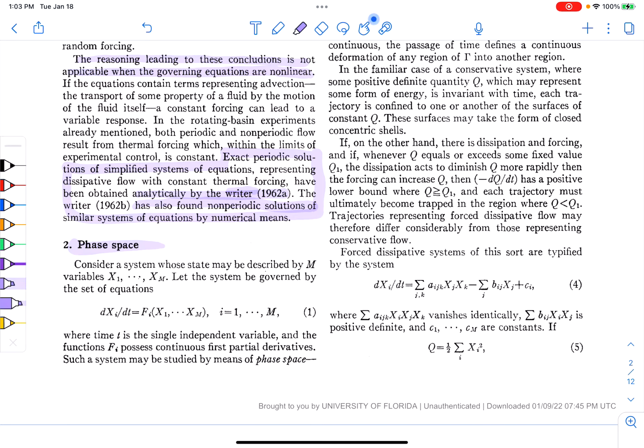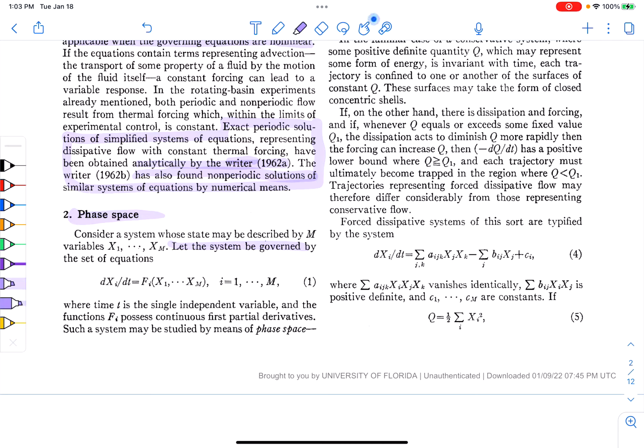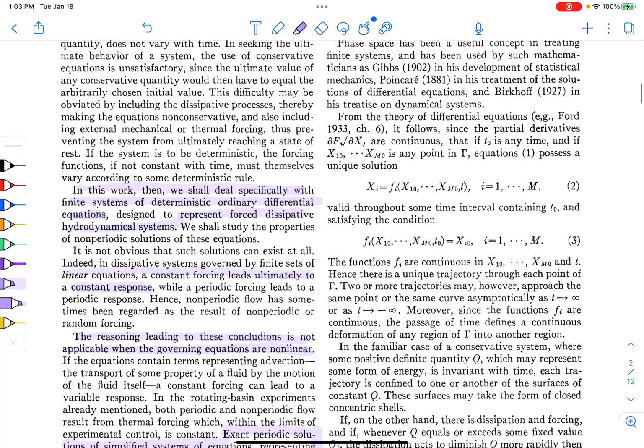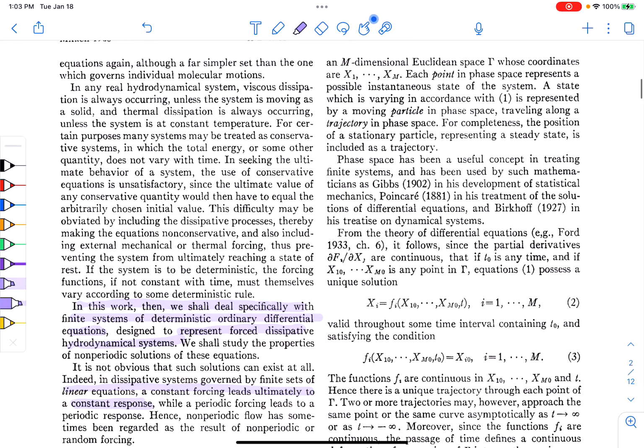In this case, when he's talking about phase space, he's really trying to convert the system into another space. And up here, I note that each point in the phase space represents a possible instantaneous state of the system. And for those of you who've heard of the butterfly effect, when you plot these solutions, they appear as kind of pretty butterflies in phase space.